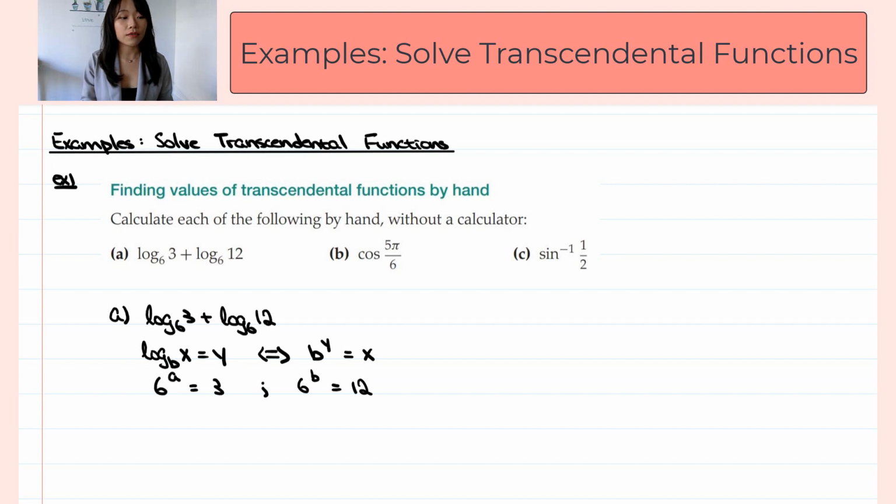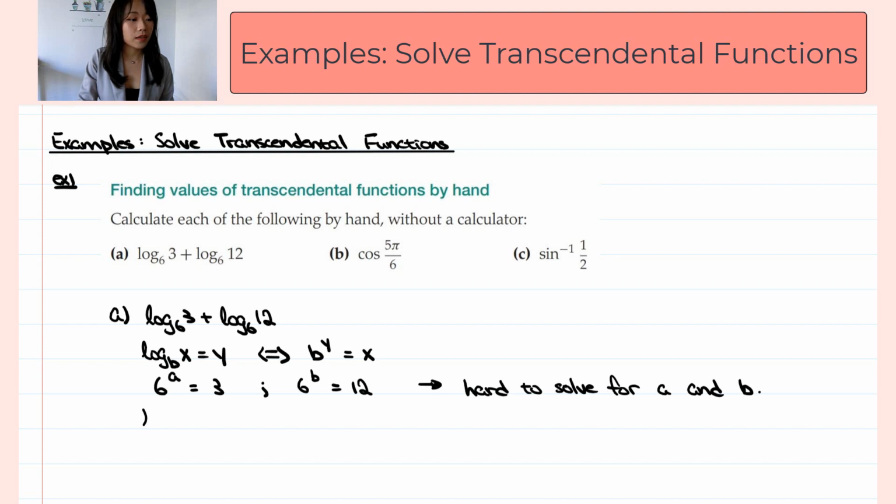It is not intuitive to find the exponents a and b, such that 6 to the power of a equals 3, and 6 to the power of b equals 12. So let's use a property of log. We learned that when we have a sum of two logs with the same base, log with base b of x plus log with the same base of y, we can rewrite that as one log with the same base of x times y.